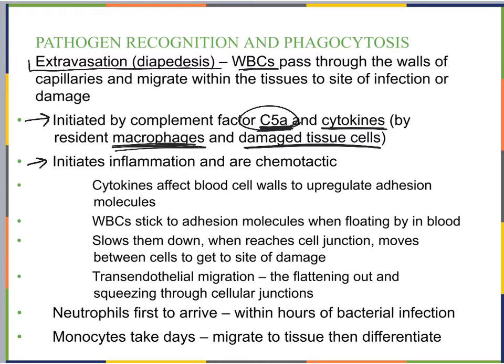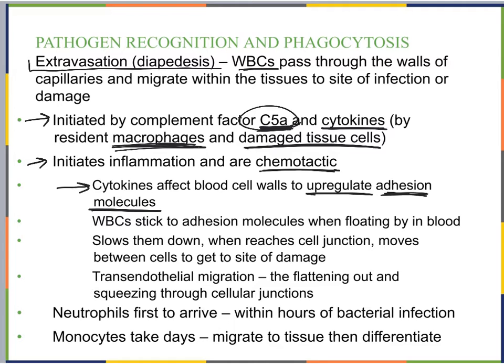So it initiates inflammation, and then our cells are chemotactic, which is just a way of saying that they go through chemotaxis. So remember, chemotaxis is the movement in relationship to chemicals. So they are chemotactic, meaning that they do move in relationship to chemicals. In this case, what we're talking about are cytokines and C5a. So the cytokines are going to affect the blood vessel walls, and what this does is it upregulates adhesion molecules.